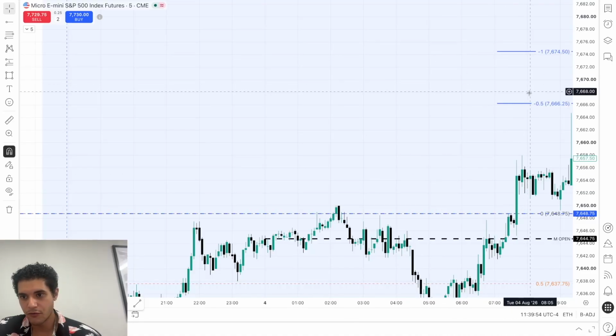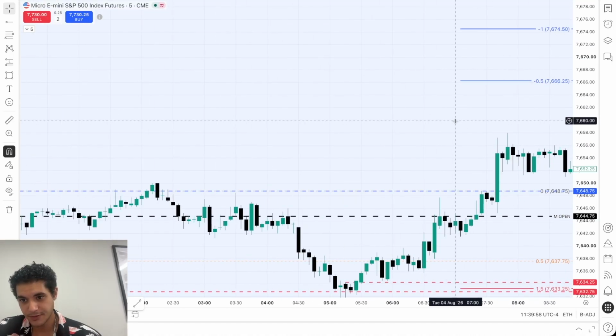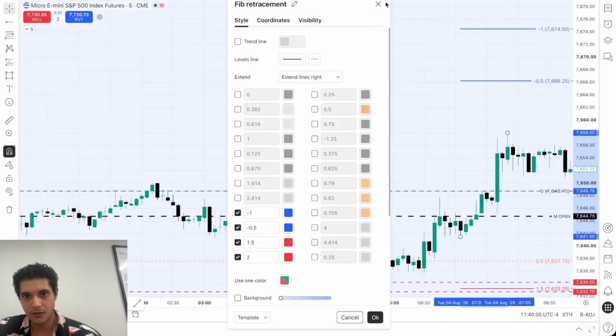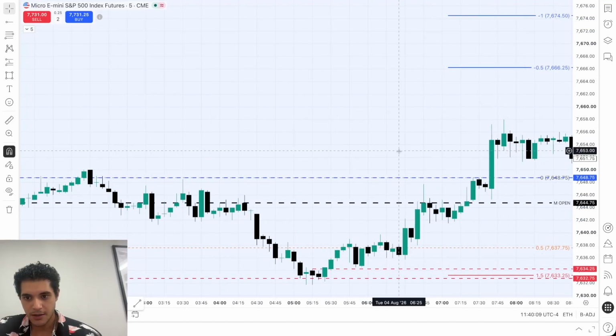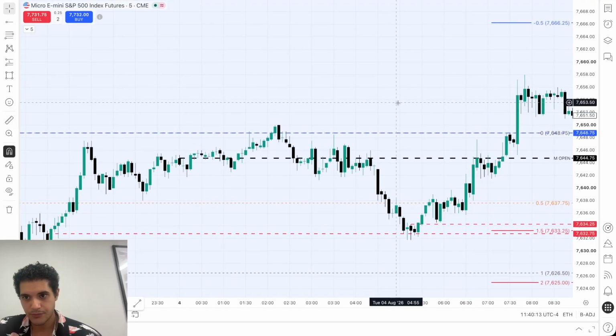Okay, these aren't perfect, but they are projections you can use. This is just going off of 0.5, -1 on the fib. So you could use those projections as targets.